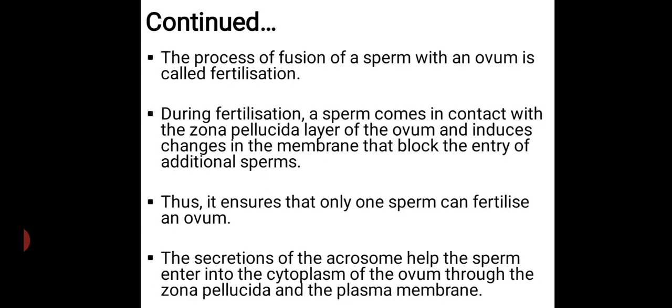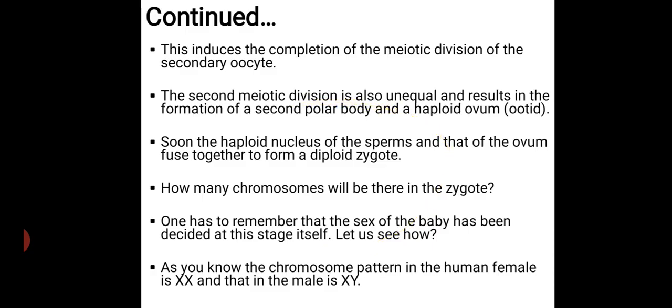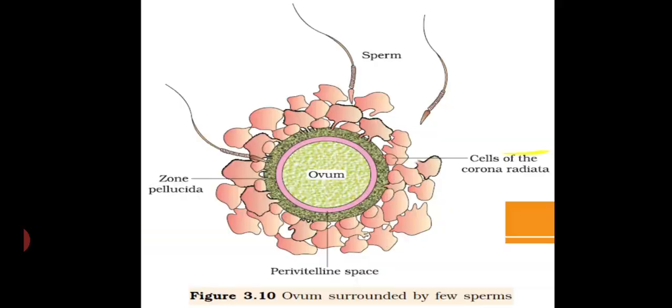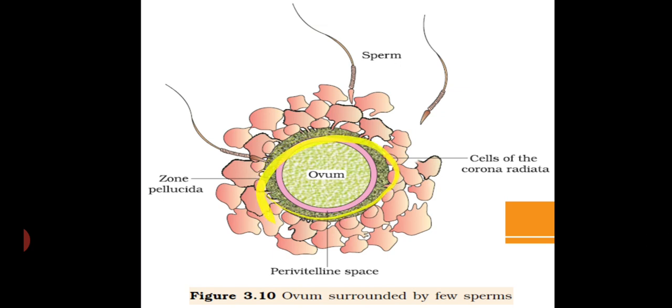So this is the well labeled diagram, and through this I will make you understand. So this is a typical ovum, as you can see over here. It has the outer layer of corona radiata.